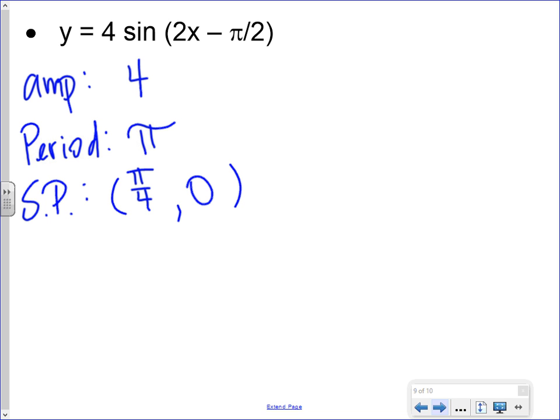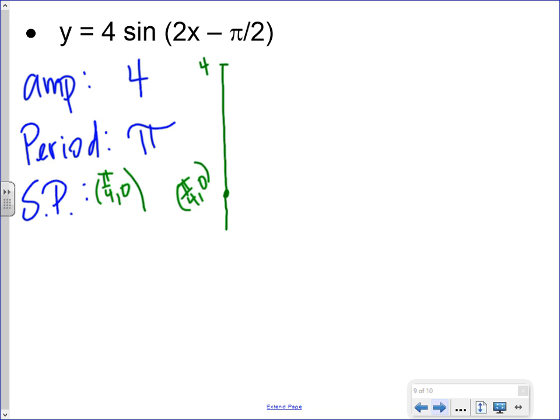Okay, I see some of you already working away here. Okay, so our starting point at pi over 4 is 0. We're going to go up until we stop where?